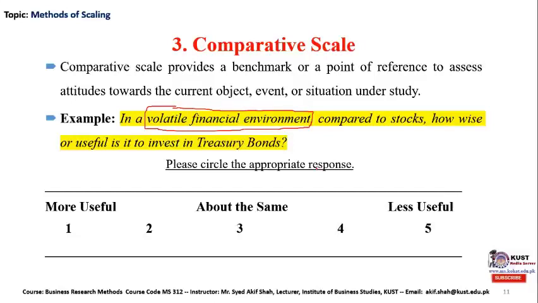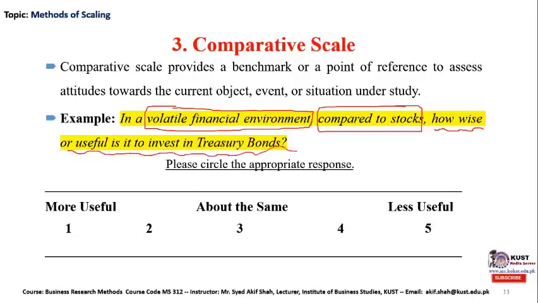So when there is greater volatility, with rise and fall in the financial environment and uncertainty, in such a situation the researcher asks the respondent to compare two stocks. This is the point of reference or benchmark, and then asks the desired question: how wise or useful is it to invest in treasury bonds.